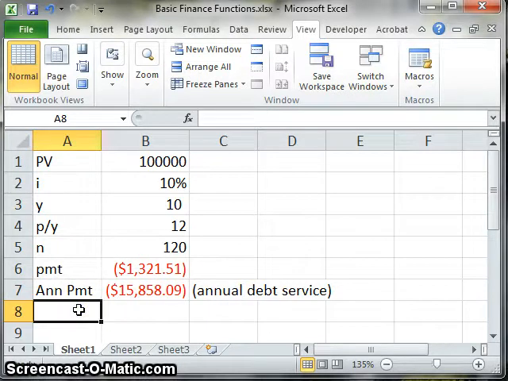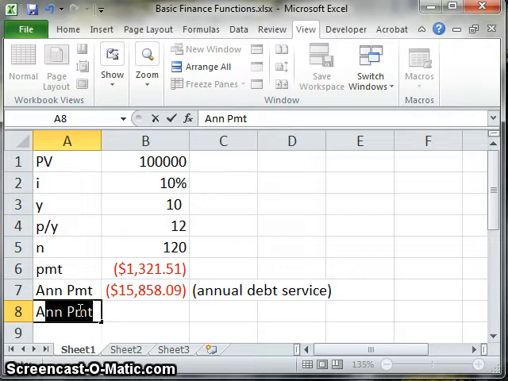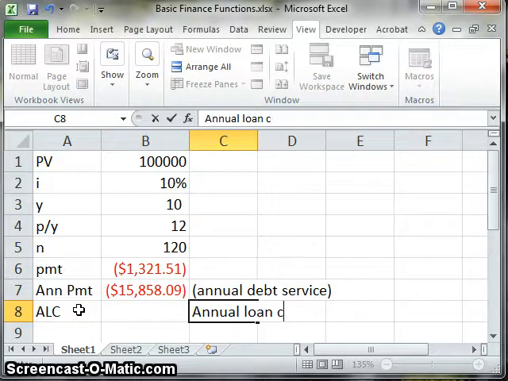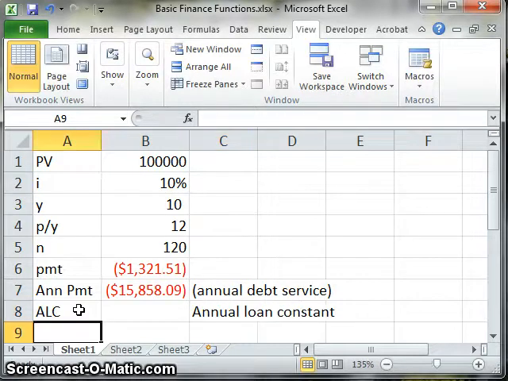Another kind of obvious question for many people would be, what percentage of the loan do I need to pay off each year? This is called an annual loan constant. To get that, we could do it a couple of ways.